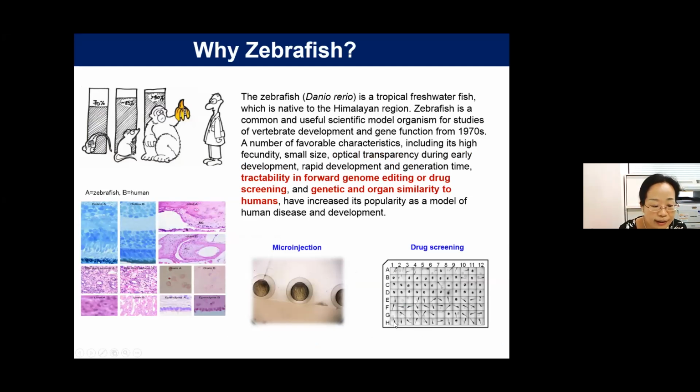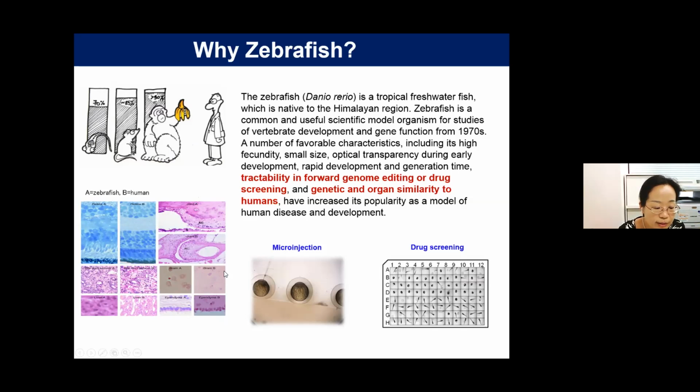The genetic and organic similarity between zebrafish and human is highly resolved. The genome similarity is around 70% in zebrafish compared to humans, and the organ structure is very similar to humans.